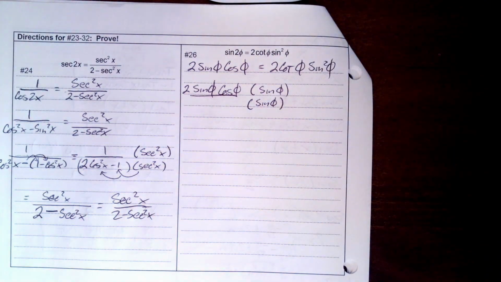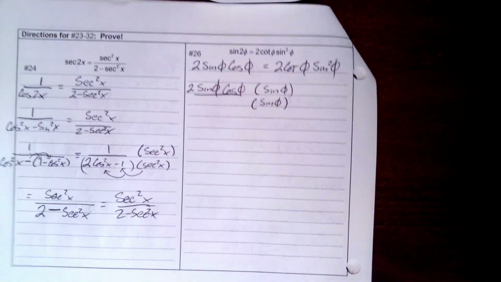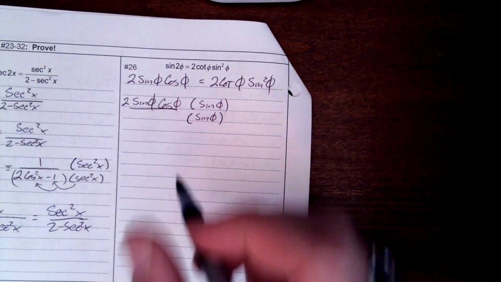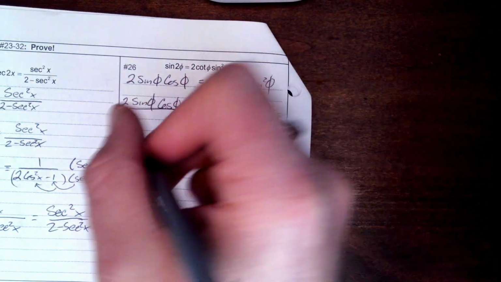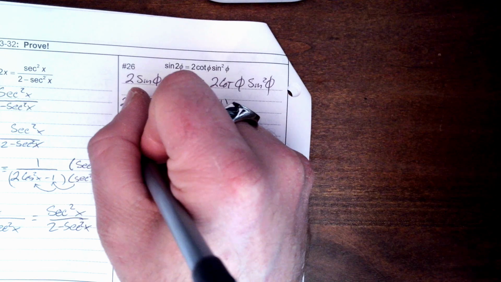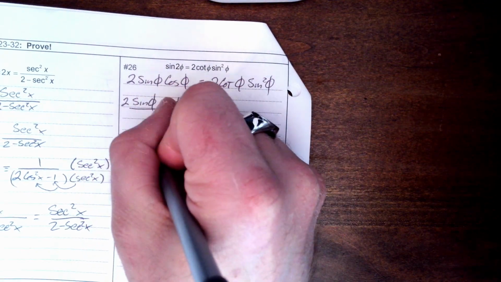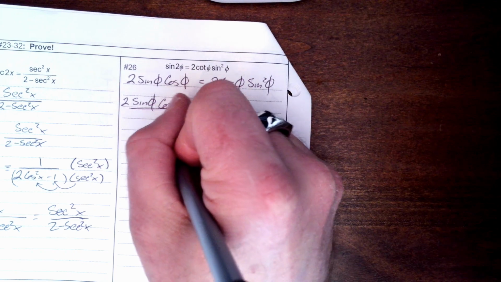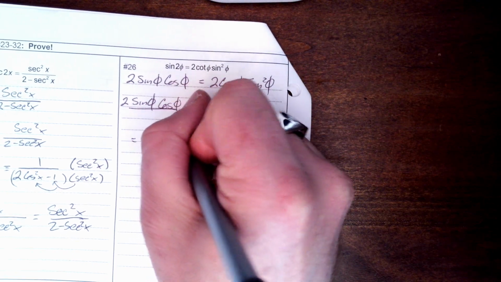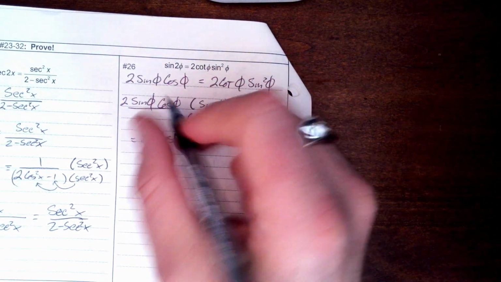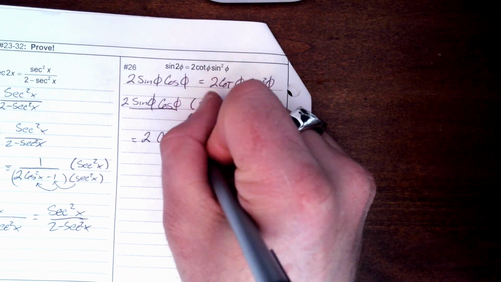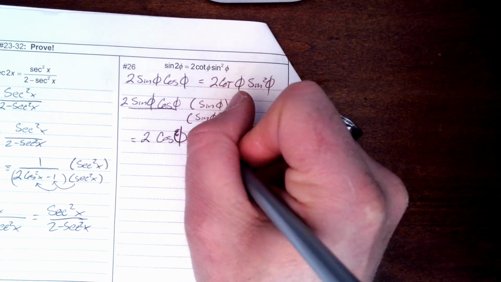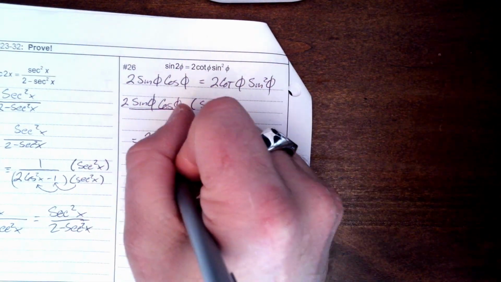then I can rearrange some of these factors here so that the sine times the other sine, so the 2 stays out front. And we can get cosine, and then sine times sine is sine squared, all over sine.